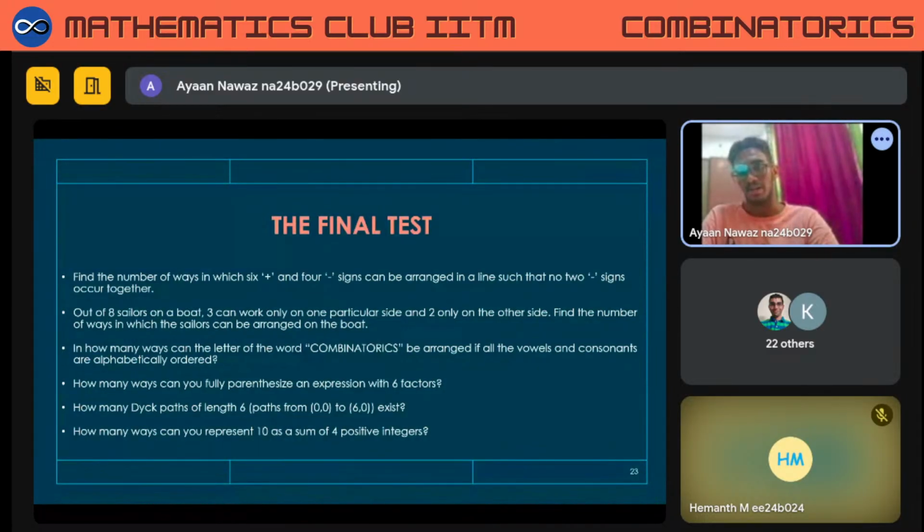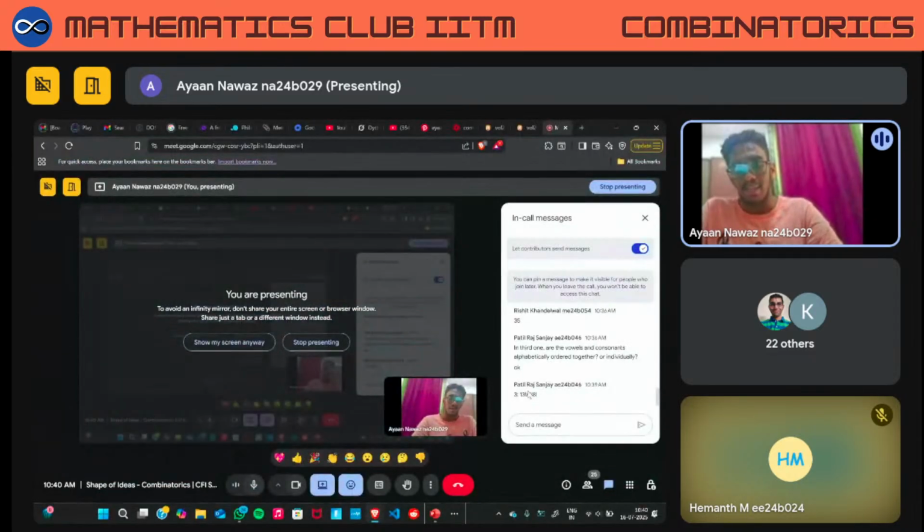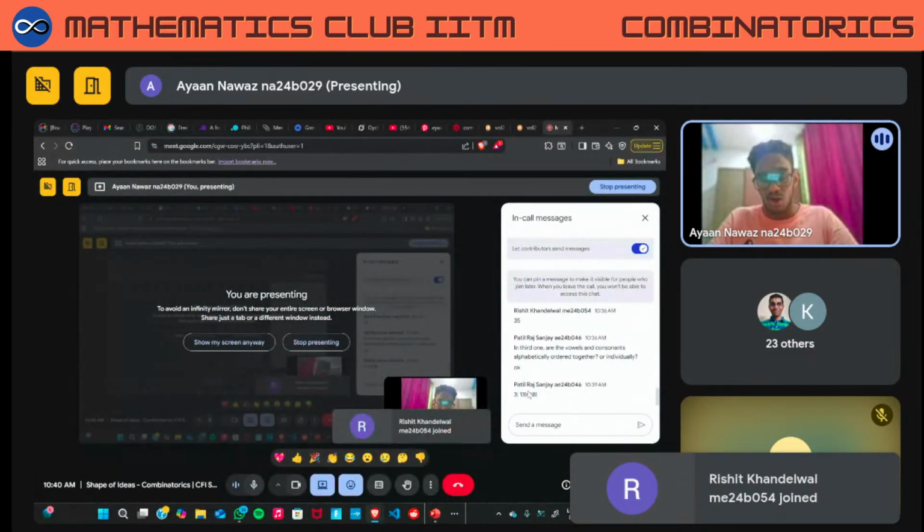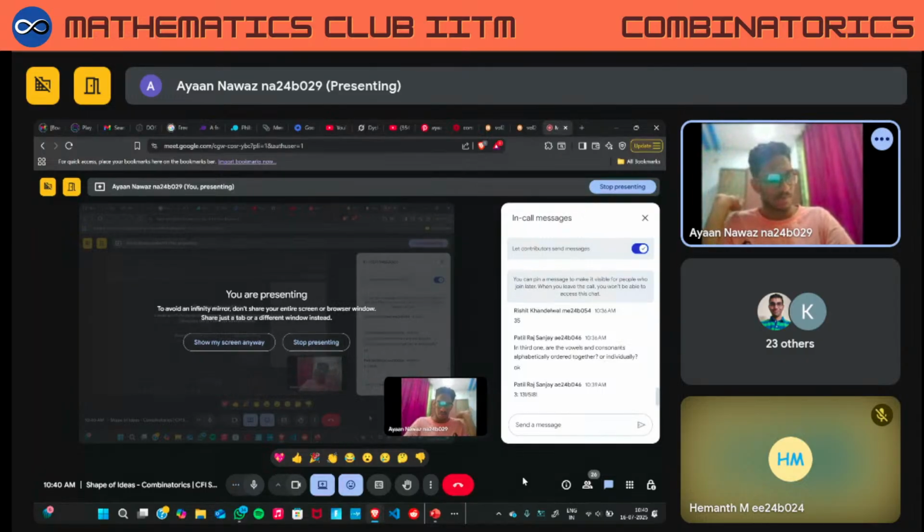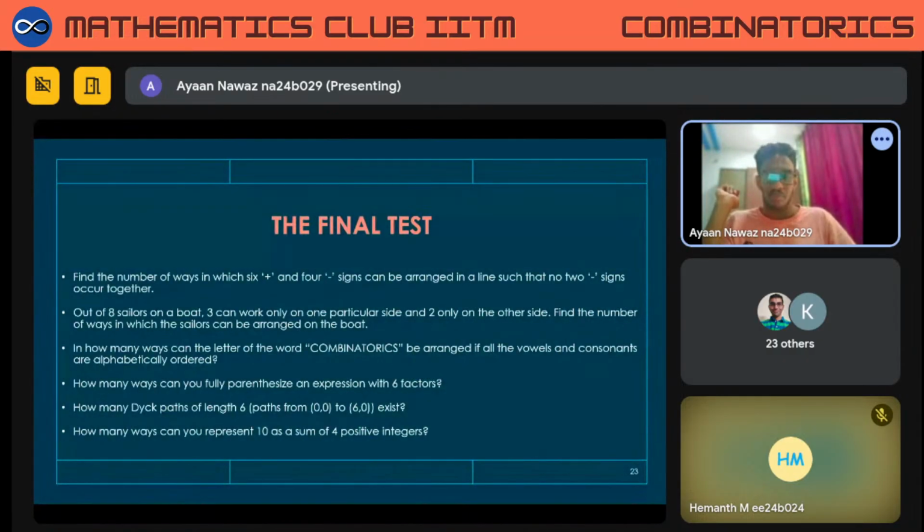Also note that in the second question, each sailor is distinct. We are numbering the sailors, sailor 1, sailor 2, sailor 3. So you have to permute them.